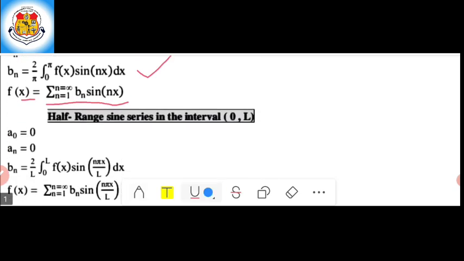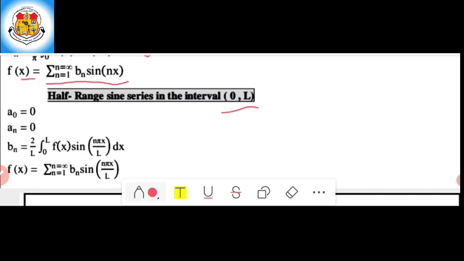Next, the half-range sine series for the interval 0 to L. It is represented by f of x is equal to summation n runs from 1 to infinity bn into sin n pi x upon L. The Fourier coefficient bn can be determined by using the formula bn is equal to 2 upon L integral 0 to L f of x sin n pi x upon L dx, and the Fourier coefficients a0 and an are always 0.